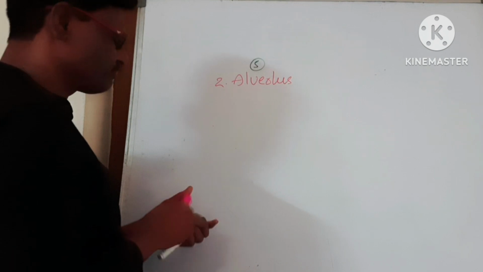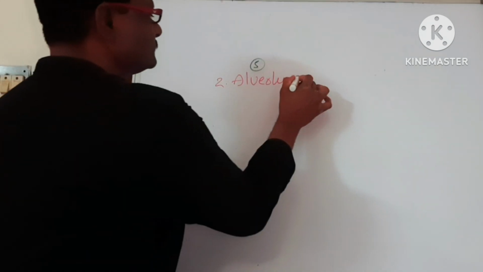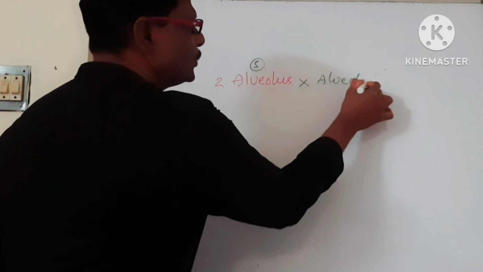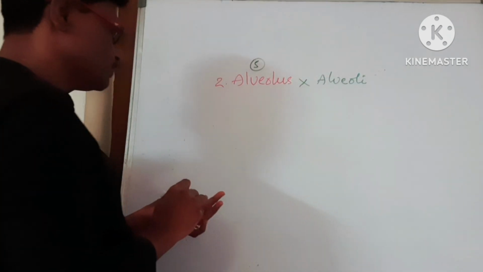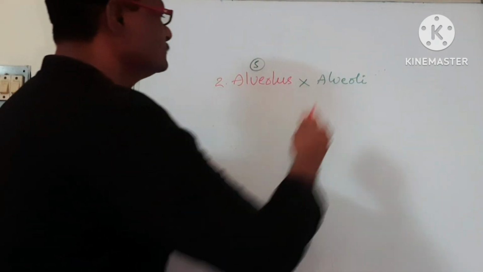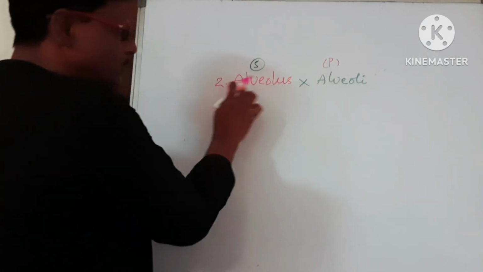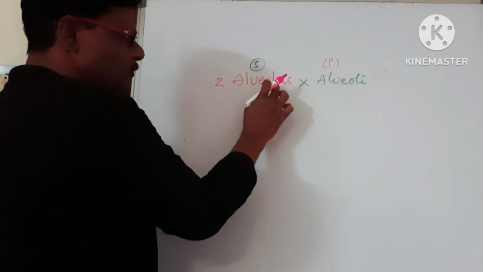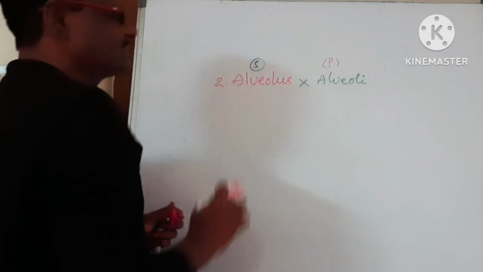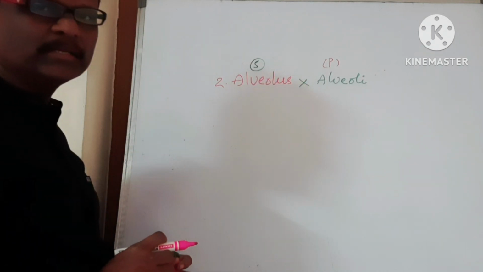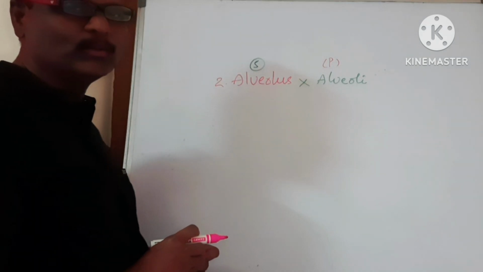Whereas alveoli is a plural word. Here the word ends with us. Alveolus, alveoli. Nucleus, nuclei.